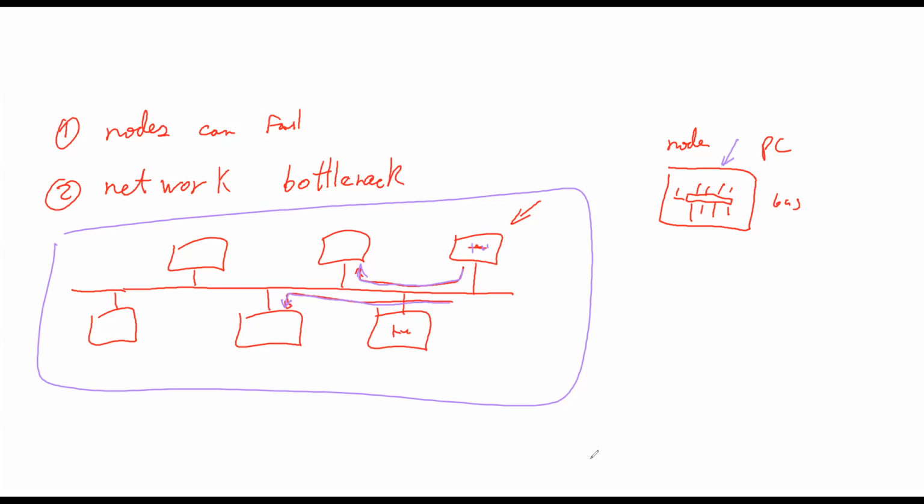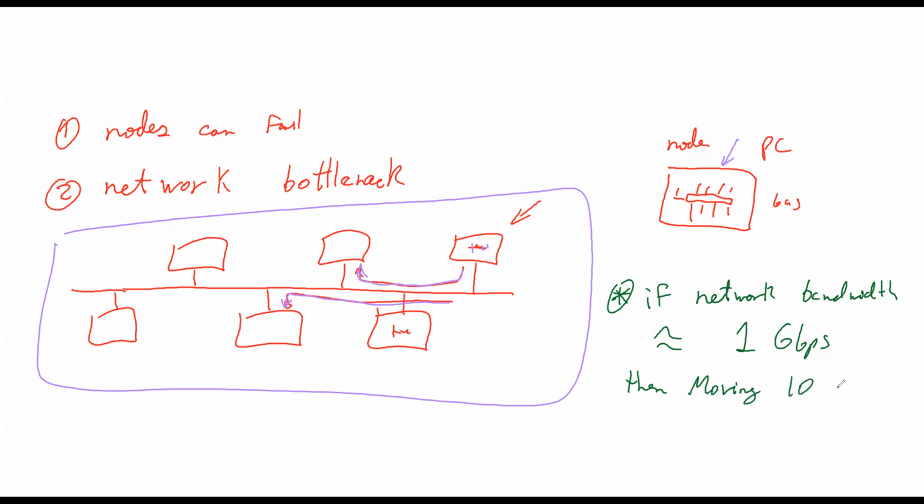For instance, and this is again not a perfect statistic, just a statistic, if the network bandwidth, for whatever reason, is around, let's say, 1 gigabit per second, then moving 10 terabytes takes approximately, let's say, 1 day. Think about that.